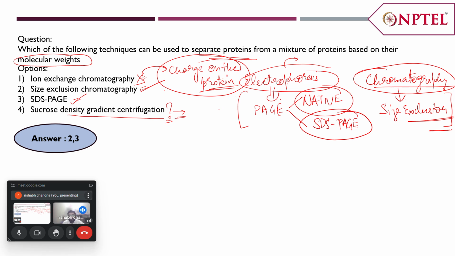I can give you one hint, because we have used cesium chloride density gradient centrifugation in the separation of the DNA. Do you remember where?